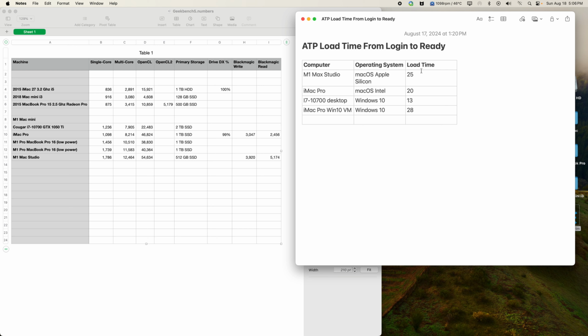Right now on my desktop I have the Studio and the iMac Pro and the Windows desktop. So what I'm trying to decide is whether I want to just run Active Trader Pro on the Studio or the Windows machine. Now, normally these days I'm shutting the Windows machine off.